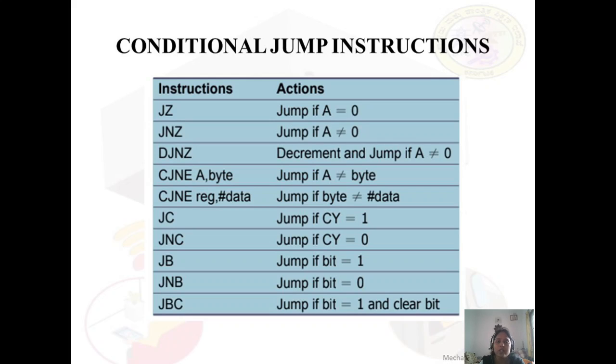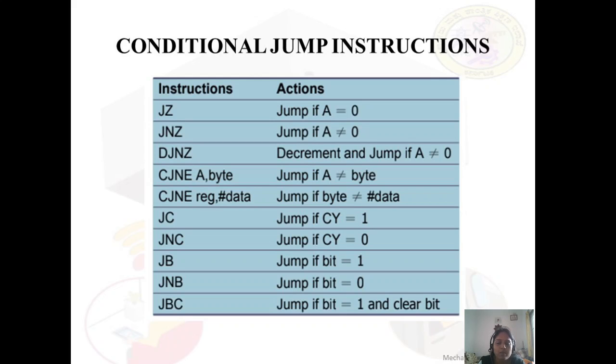Understood? And what is a conditional jump instruction? In the conditional jump, it will change its program flow only when a certain condition exists. So we will see the different conditional jump instructions one by one.